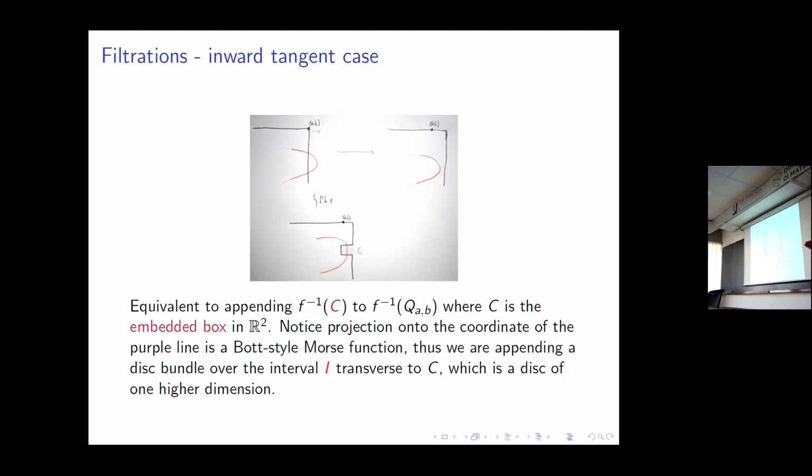Disk bundles over intervals are trivial, so it's really a disk across an interval that we're attaching. And it's sort of a relative attachment because on the top and bottom it's already attached. So you're attaching a sort of relative disk, and it's a disk of one higher dimension. So those are the 2 main transitions that happen with 2 Morse functions.